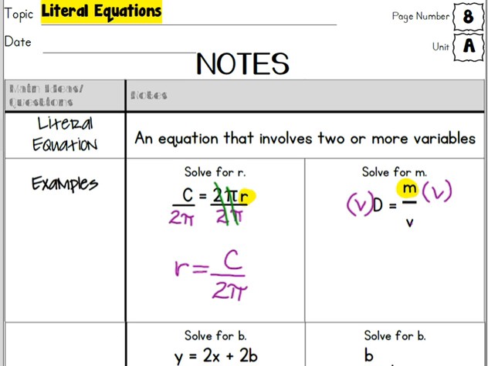That eliminates the division by v, so we are left with m equal to d times v. That would be our answer.